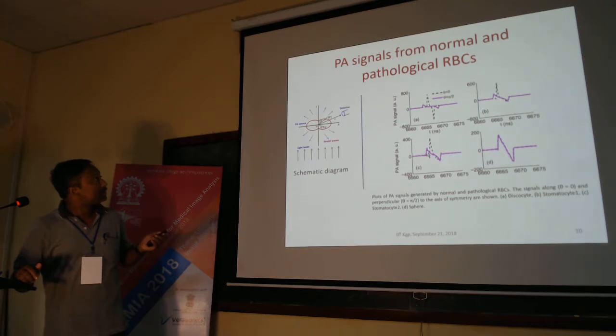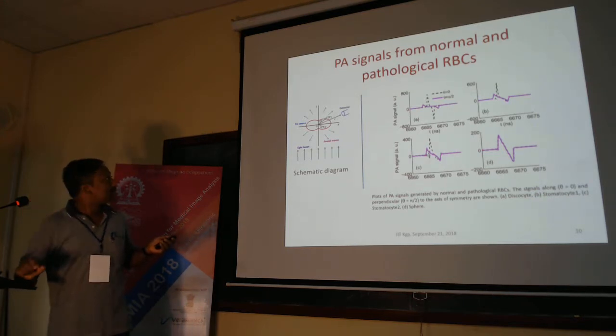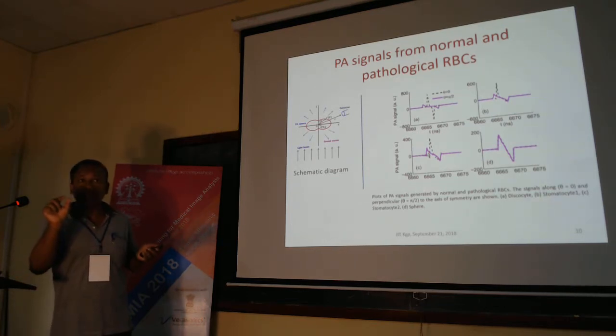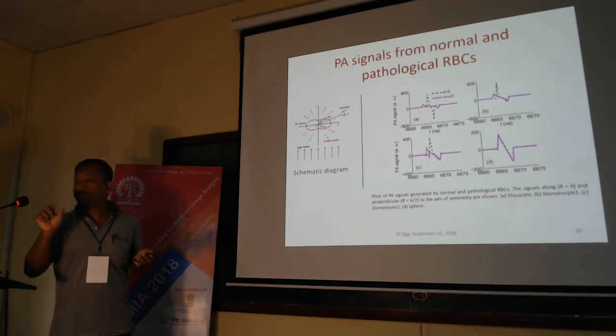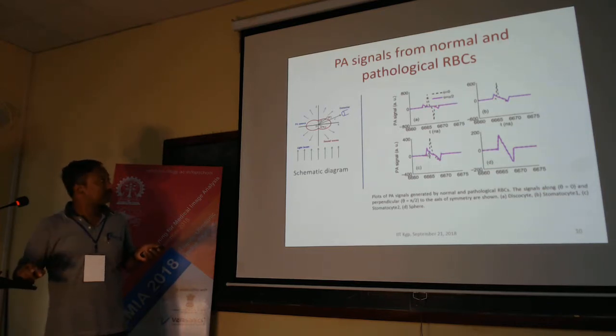That means your thickness is more in one direction, so the M-shaped pulse got broadened, and the thickness along this direction is really small, so your M-shaped pulse is very narrow. These are the signals for the other two shapes, and this is for a sphere.